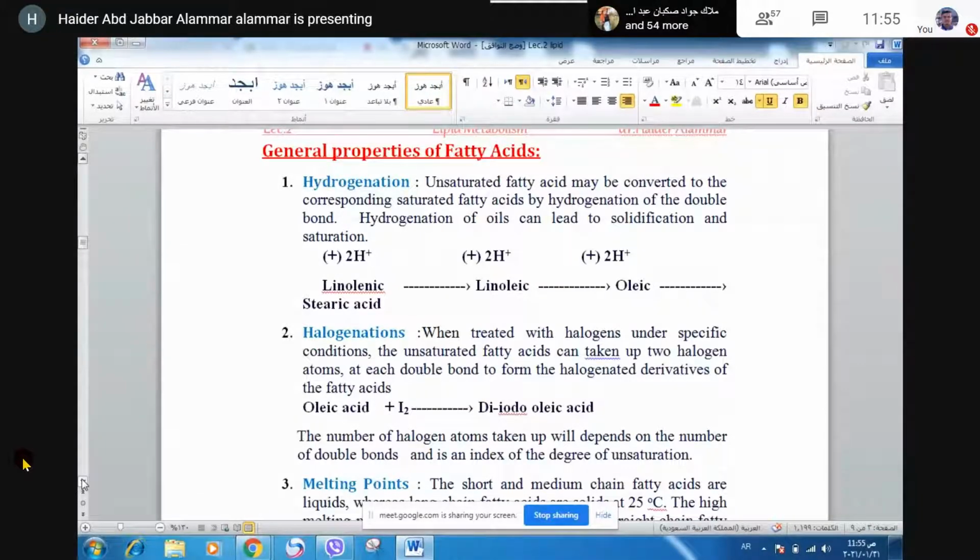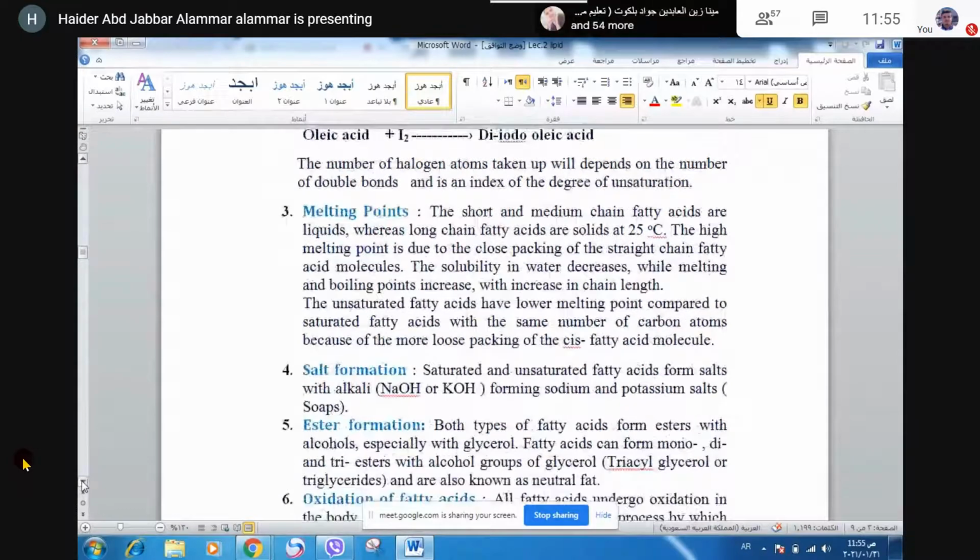This is important. Regarding the melting points, in general the short and medium chain saturated fatty acids are liquid, whereas long chain fatty acids are solid at 25 centigrade, room temperature. The high melting point is due to the close packing of the straight chain fatty acid molecules, as I said before.